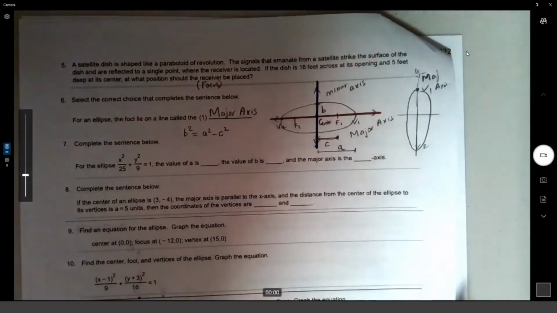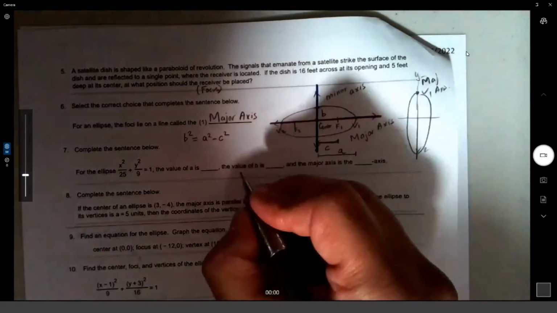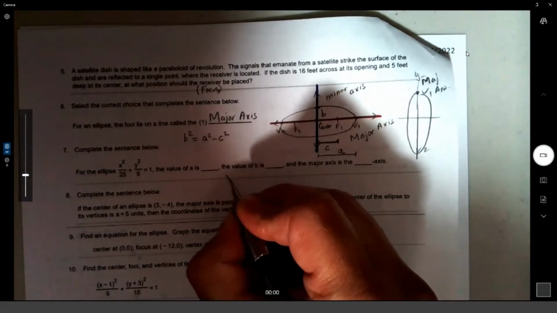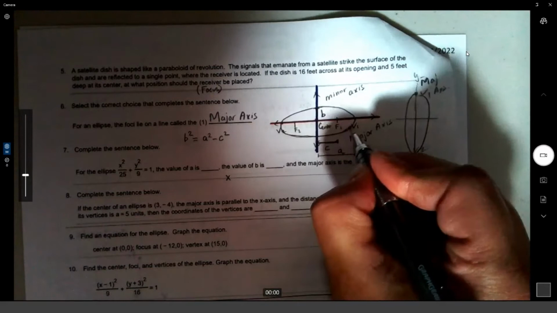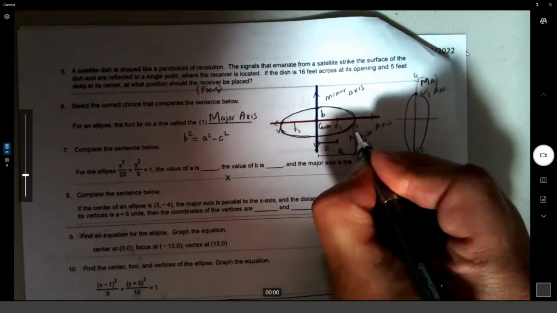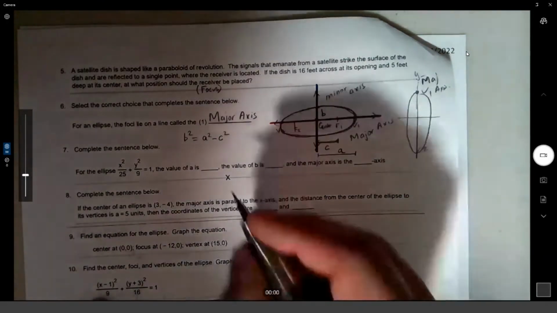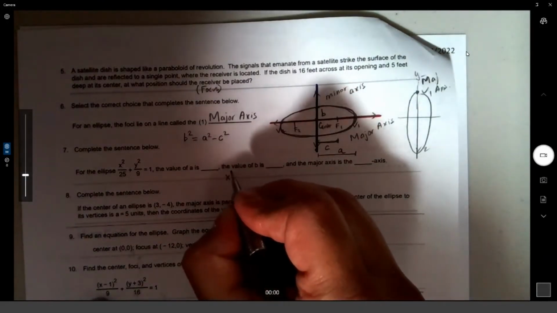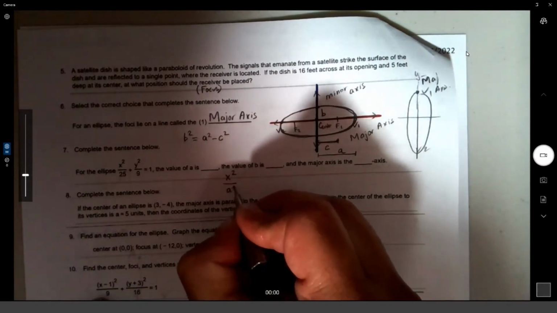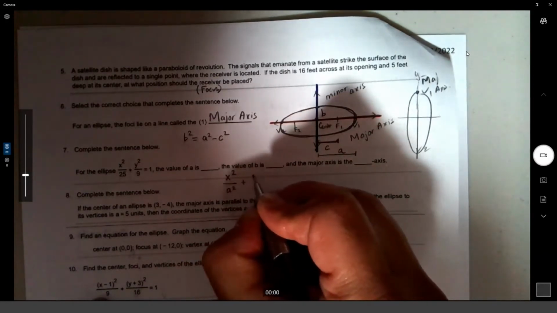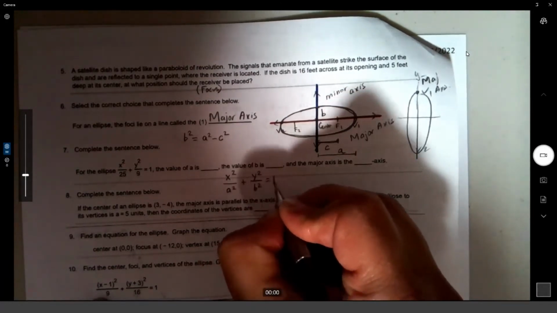All right, so let's add a couple of notes here. If the ellipse is on its side, and the center is at 0, 0, then it will have the following equation: x squared over a squared plus y squared over b squared is equal to 1.